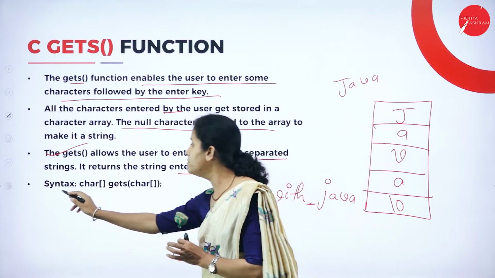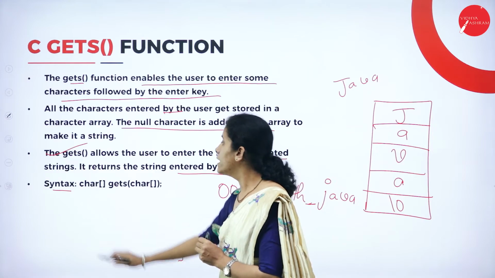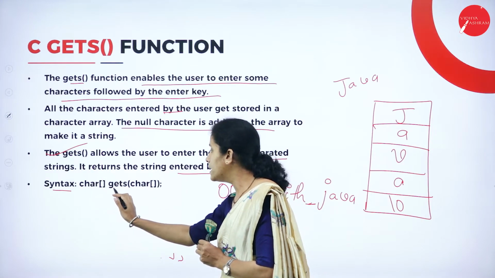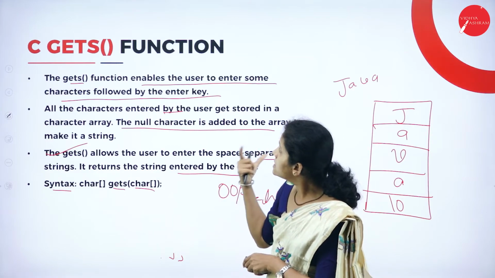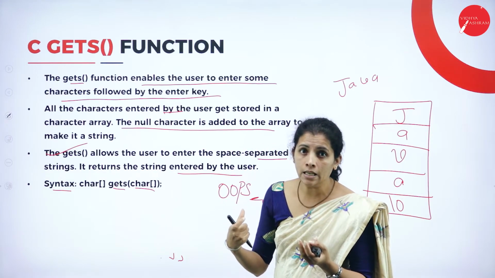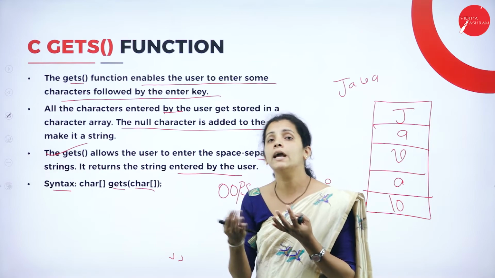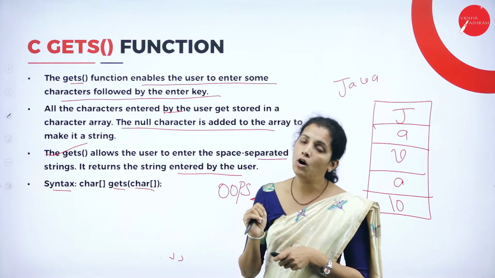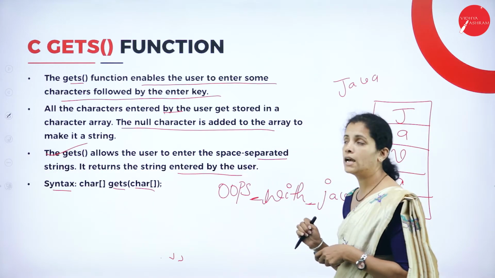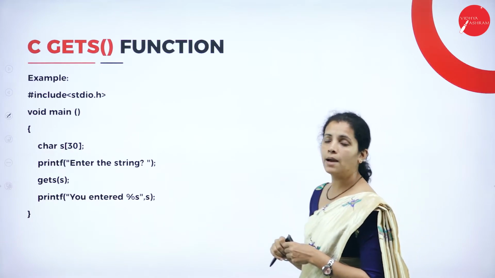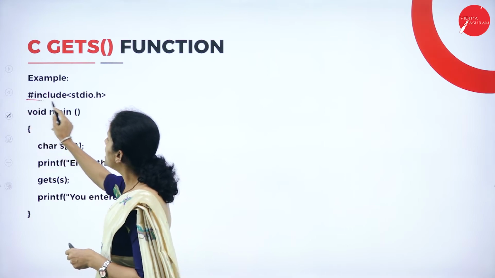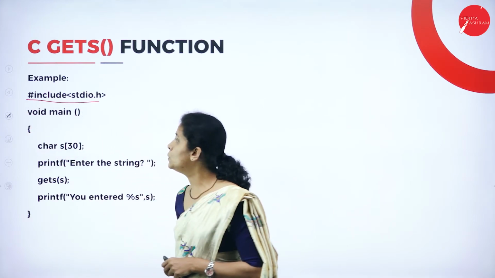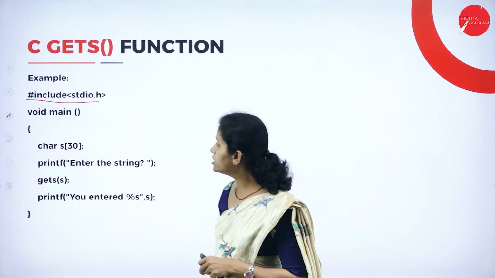So I'm going to have the syntax: gets(character array). Gets means get string. String means what? It's nothing but an array of characters, or a group or collection of characters. Then I'm going to have the example here. My program starts with #include <stdio.h>.